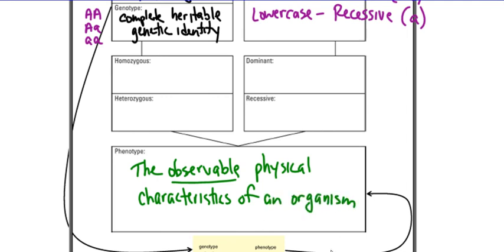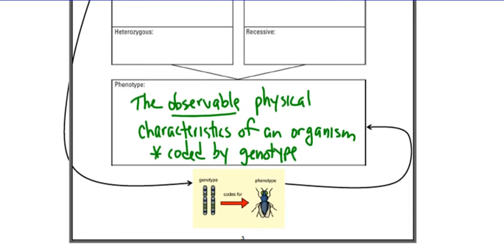So these are going to be the physical traits, and these are going to be coded by the genotype. So if we look down here at the picture, your genotype, let's say, might be BB, based off of these two genes right here.